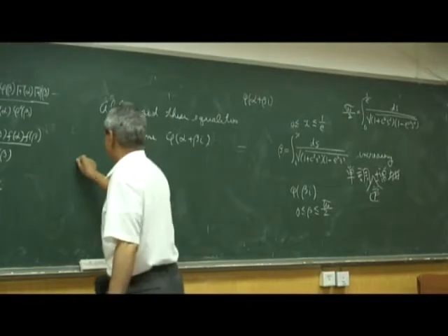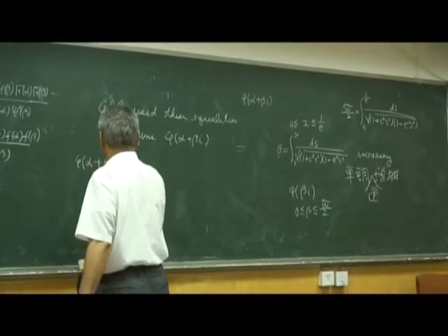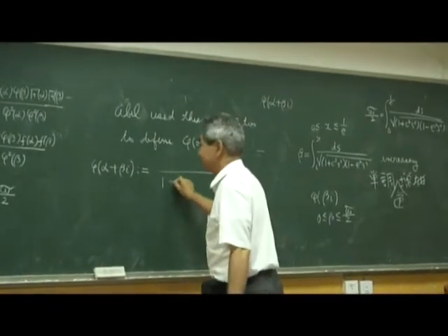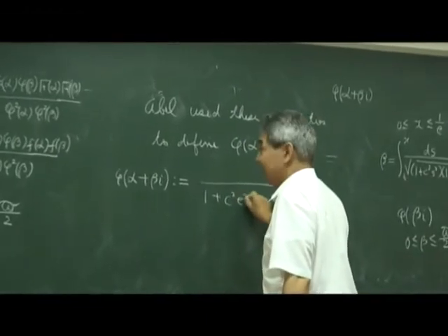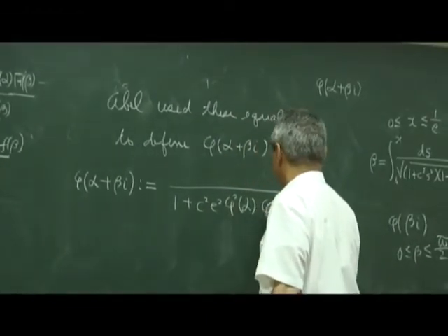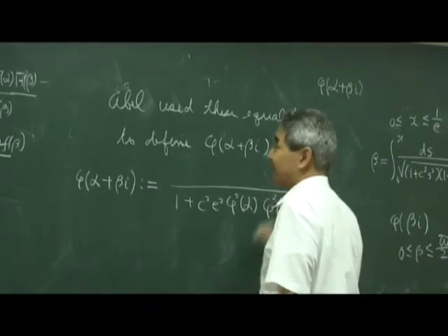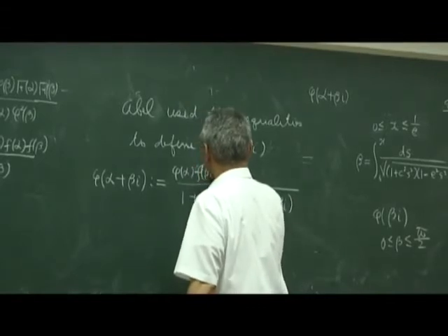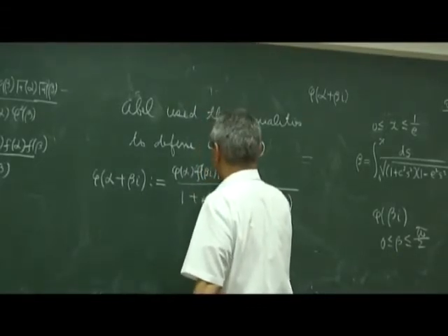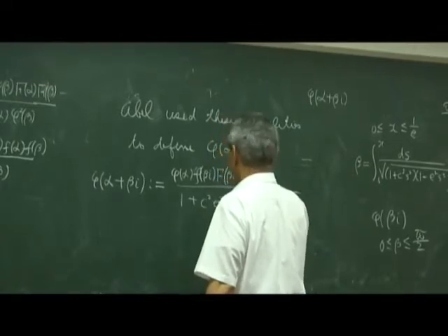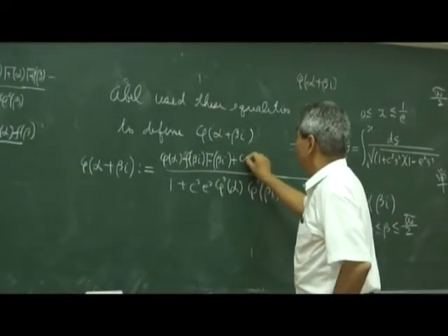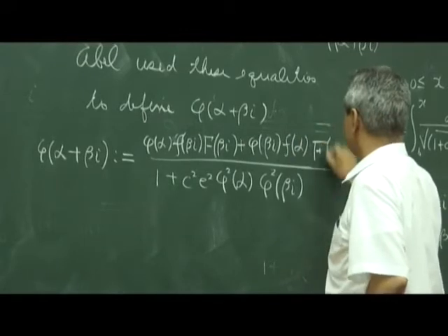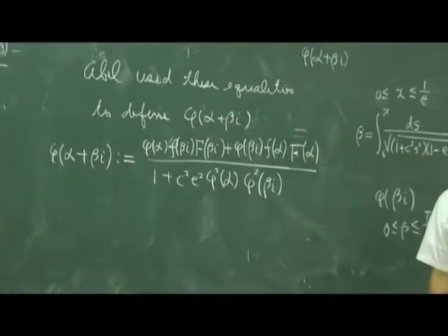So for example, what does it mean? So beta I is actually the definition now. So 1 plus c square e square phi square alpha, and then here phi square beta I, and here phi alpha, and f beta I, and f beta I, plus phi beta I, and f alpha, large F alpha, and so on.